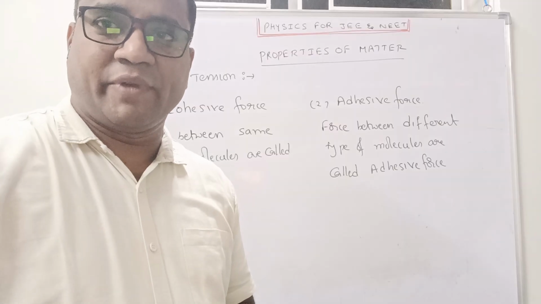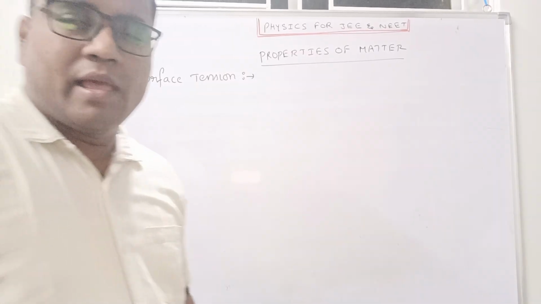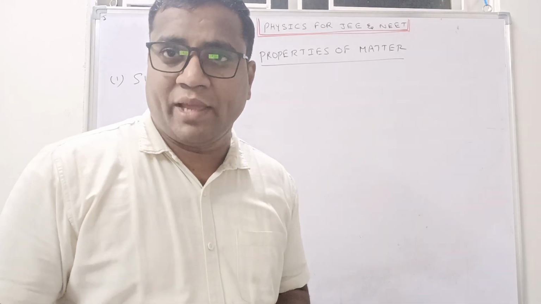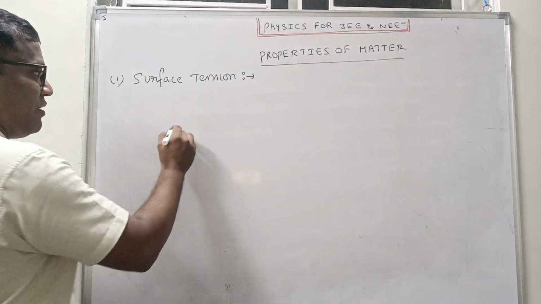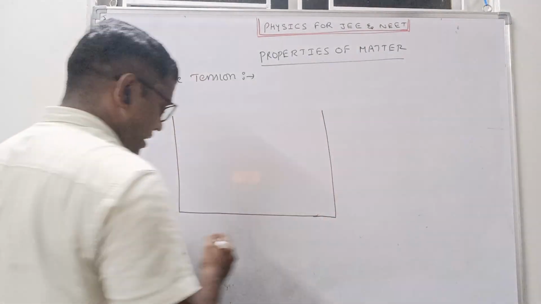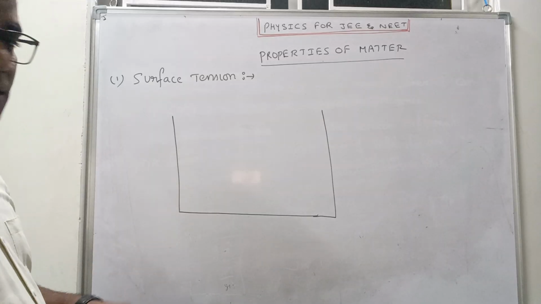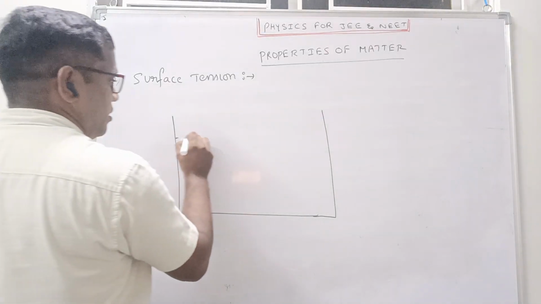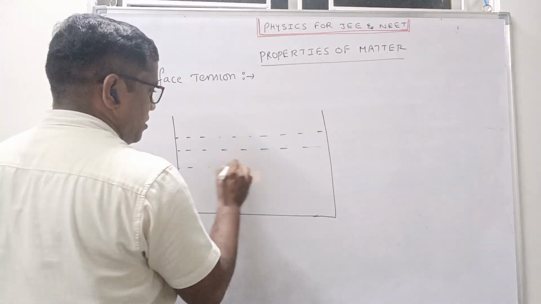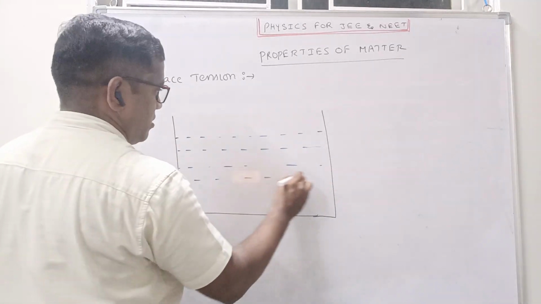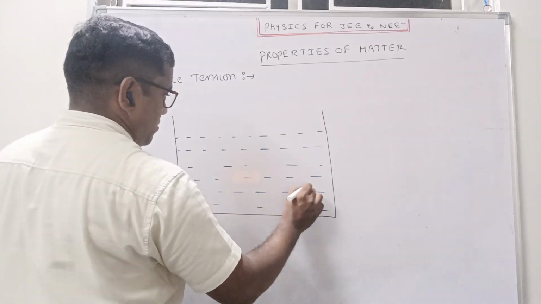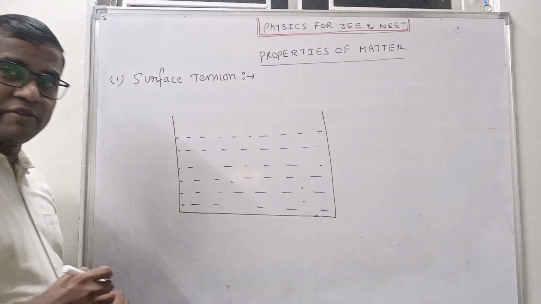I already told you surface tension is the property of a liquid. See, for example, here one container is there. In that, up to here some liquid is there, right?